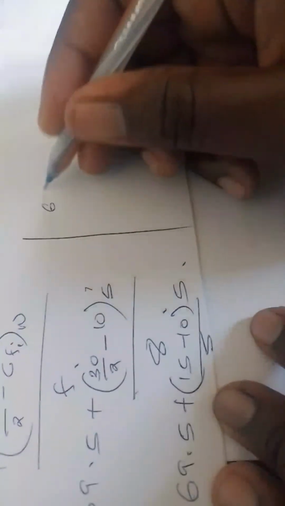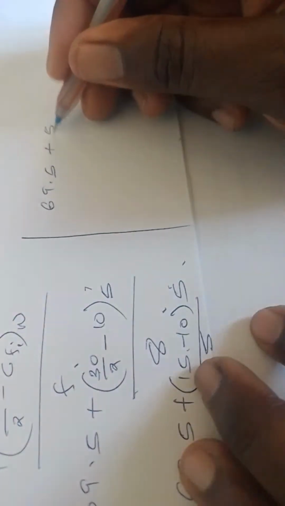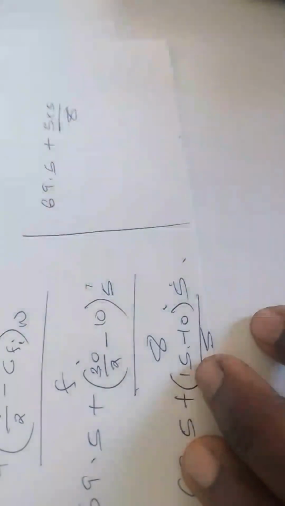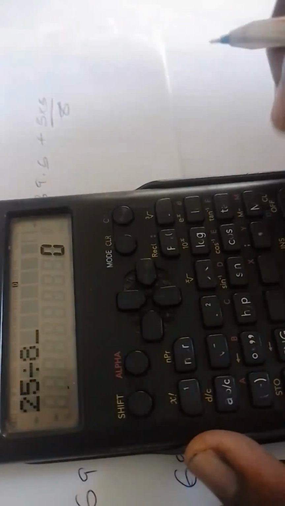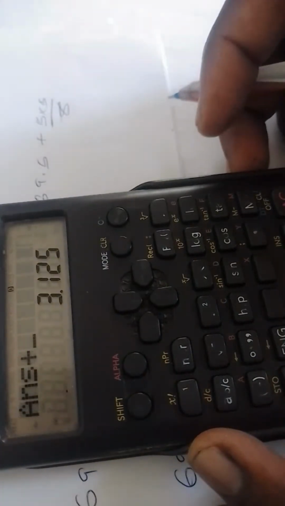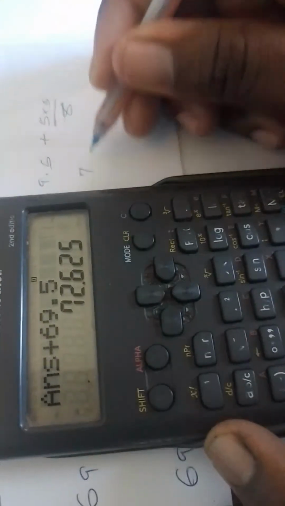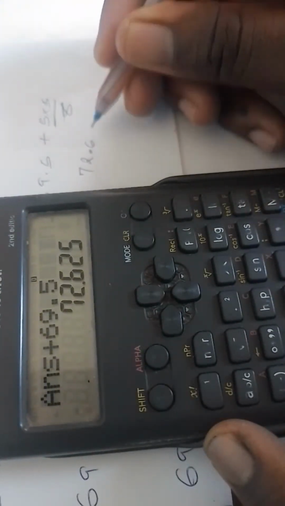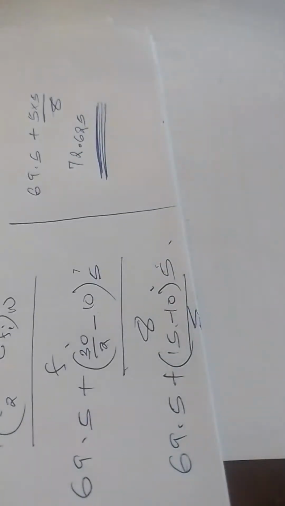So this one will be 69.5 plus 5 times 5 over 8. So 25 divided by 8 plus 69.5. Finally it will give us 72.625. That is our median.